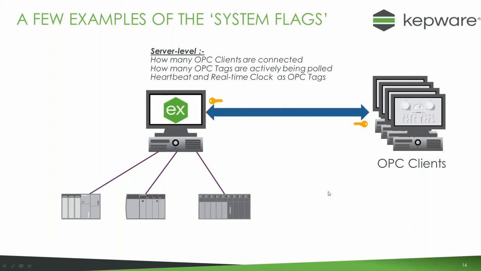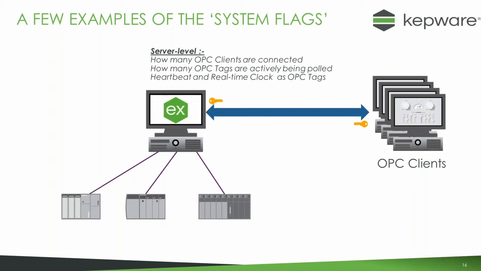Another use of the server level tags is the number of clients connected. That's quite useful if you know that you should only have 3 or 4 clients connected, and you suddenly monitor it and you see a very large number. It could be that your clients are disconnecting and then reconnecting, and this is not being done properly.